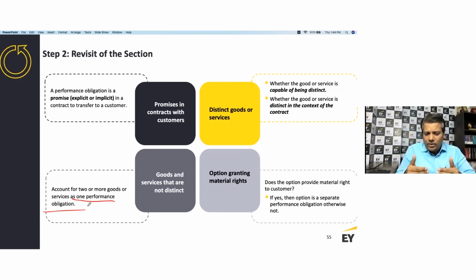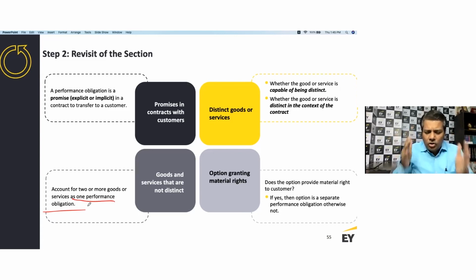It has to articulate all the terms and conditions, such as my contract consideration and how it will be settled. All of that is being done. Then you figure out what my performance obligations are. How many do I have? 1, 2, 3, 4, 5, depending upon what promises you have made. Nothing is free.